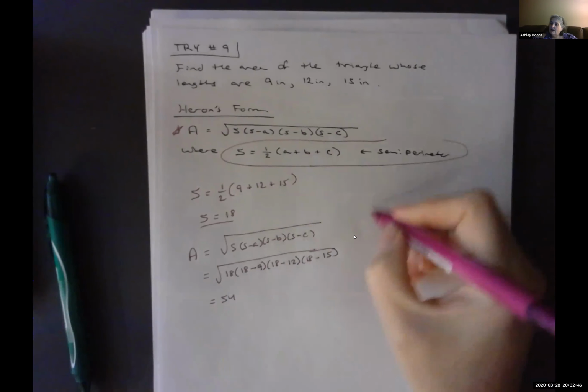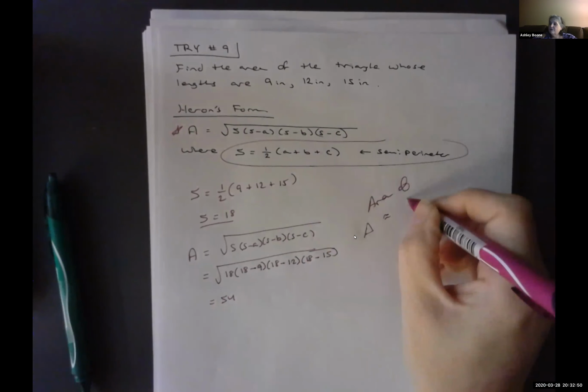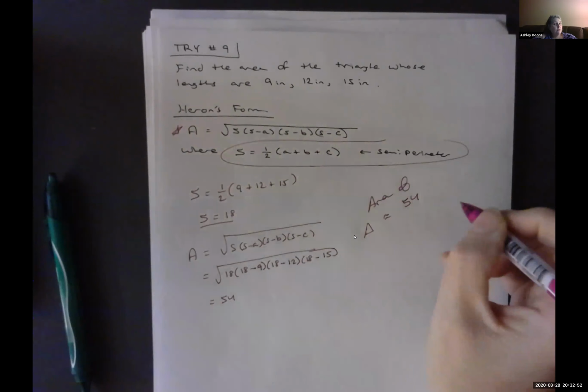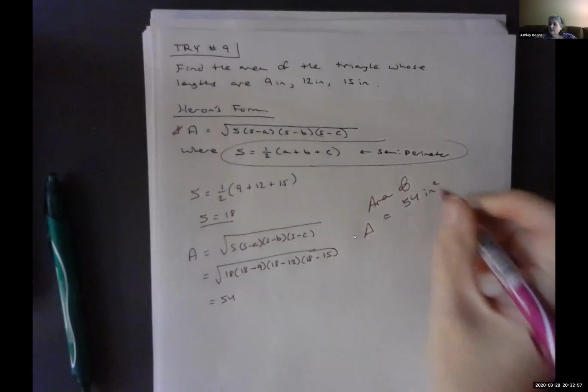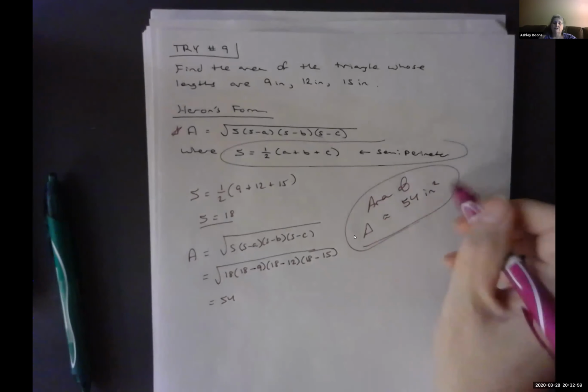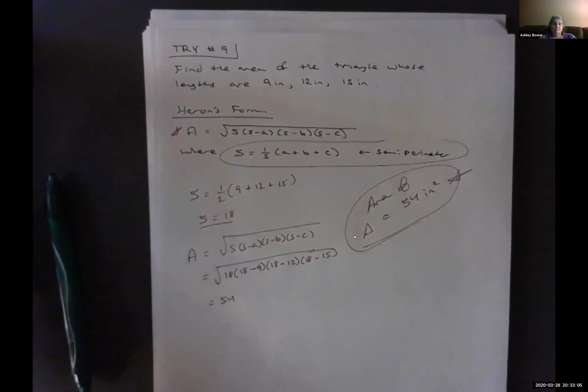So the area of the triangle is approximately 54. Remember, area is always in square units. We're given inches. So the area of the triangle is approximately 54 square inches in size. So we can use Heron's formula to get area of triangles.